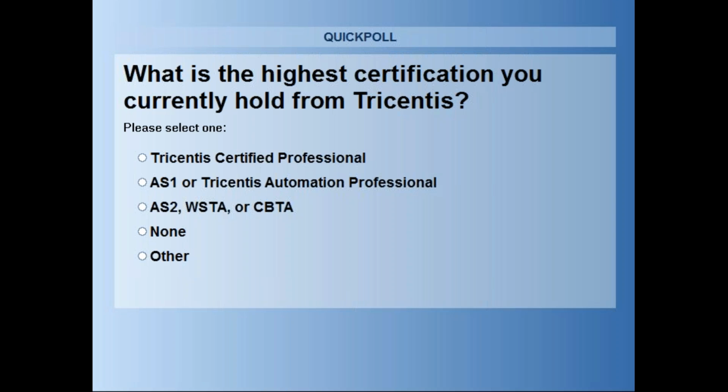Which course have you finished and hold a certificate? And as soon as we have about 80, 90, 100% participation, we'll be showing the results, and that'll help us just determine who's here with us today, help us to get to know a little bit about you.